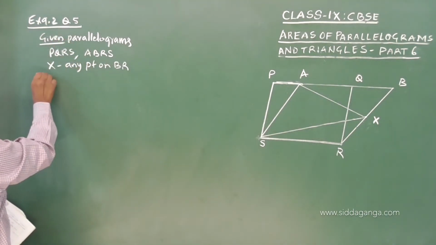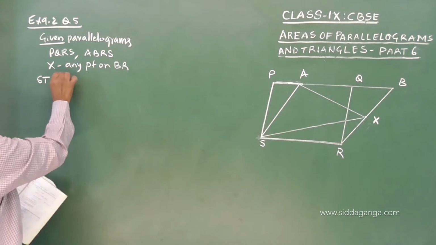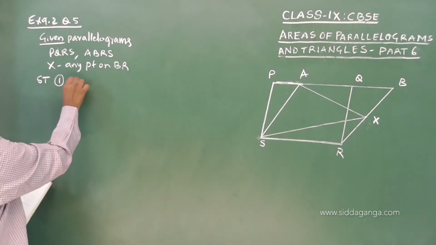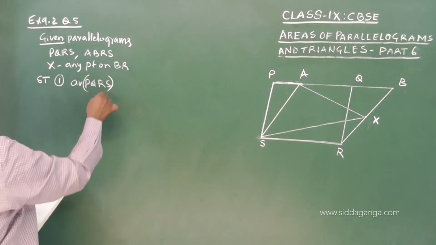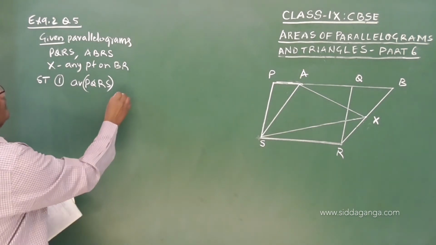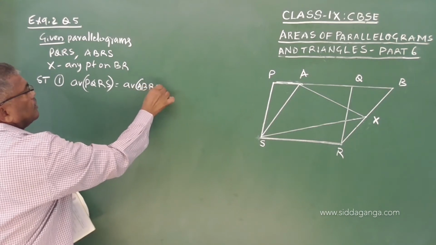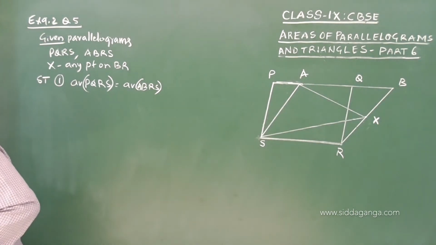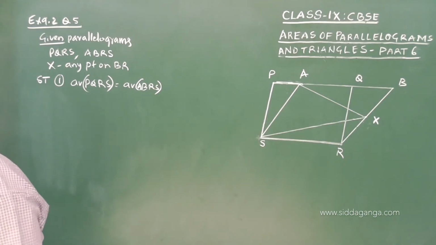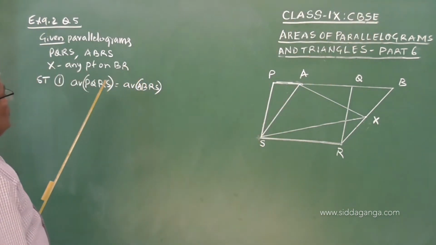Show that, first sub question, area PQRS equals area ABRS. See, we are familiar with this. We can see it just by observation.